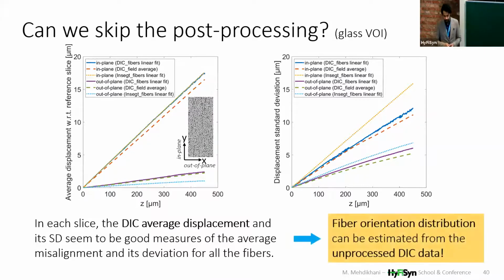And this makes us conclude that if we want to skip this post-processing, because this post-processing part is quite intense in time, we can skip it and just stick to DIC averaging without individual fiber analysis, and we can still trust the results to a good extent.